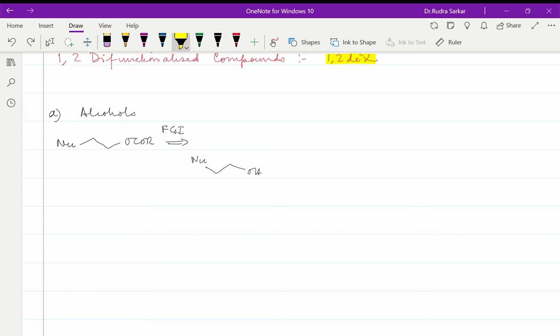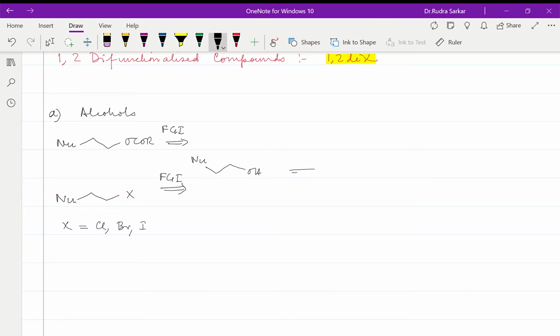Okay. Similarly, we can consider another type of a molecule which is like this, where X can be a Cl or a Br or an I, which can also be converted to an alcohol of this type.